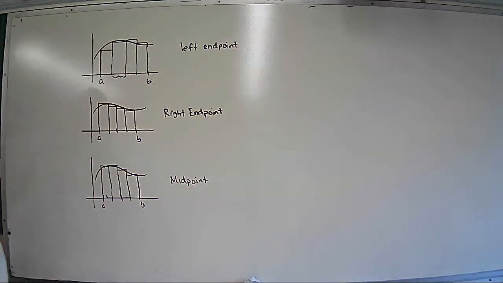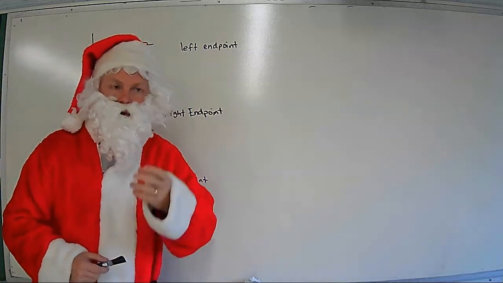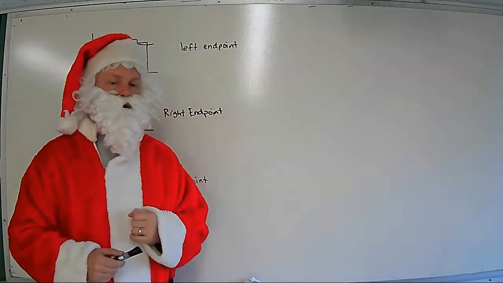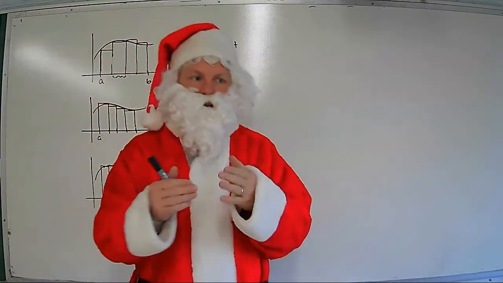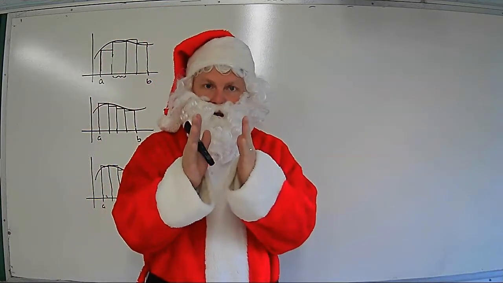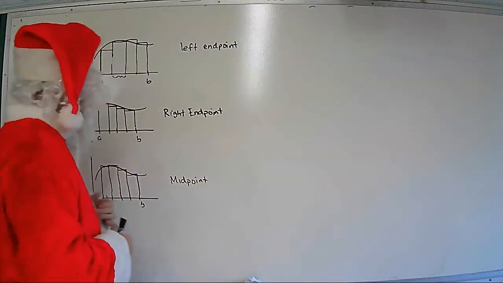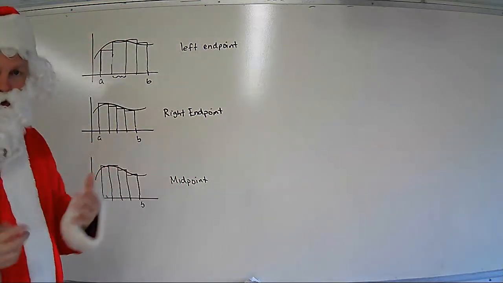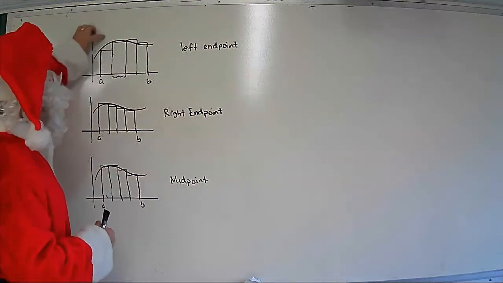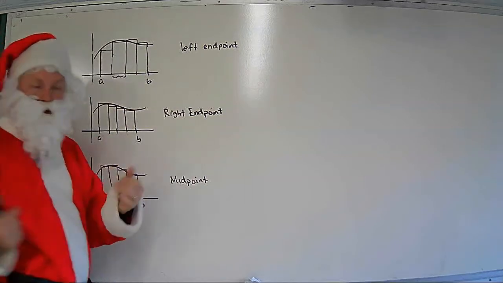Essentially, when we were doing this, whether we were talking about the amusement park or stink bugs, the areas of these little rectangles represented something, and it's important that we understand that. They represented an amount of something, because this function that we were finding area under was a rate function.